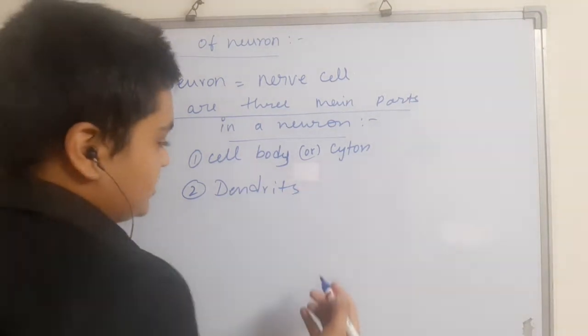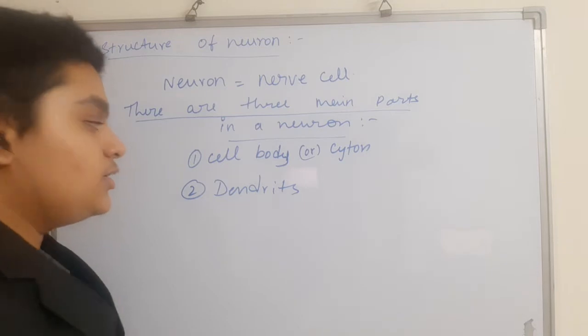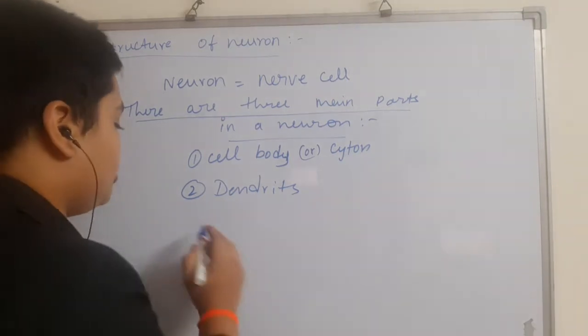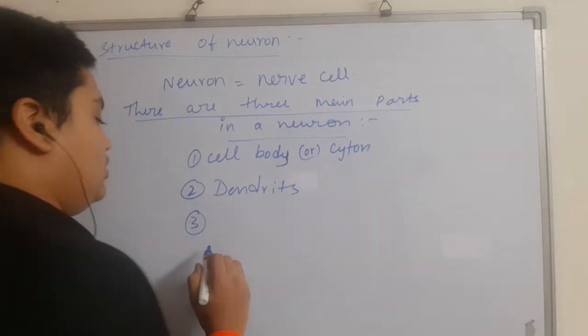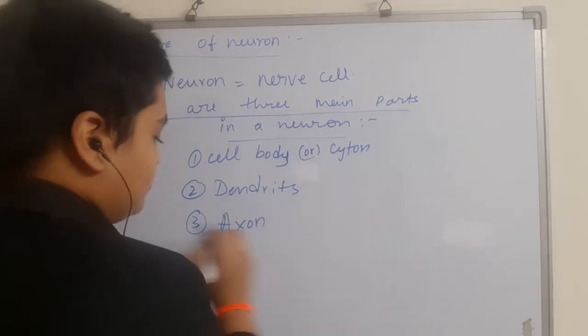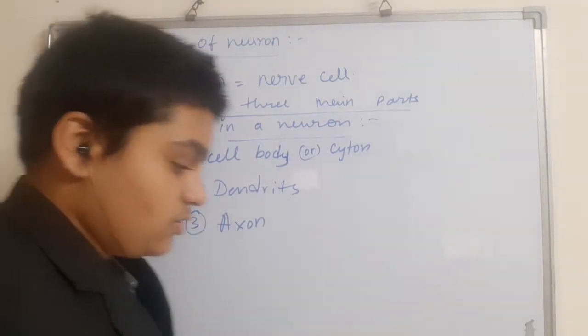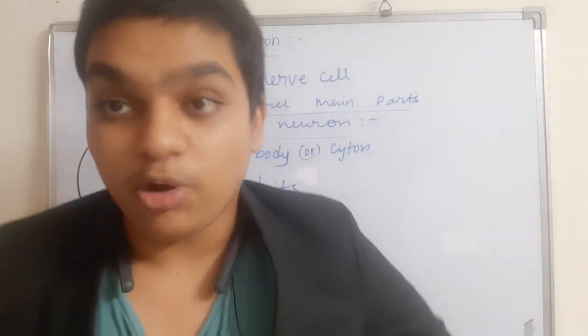They are the branched structures, protrusions which are coming out of the cell body. Next one you have the axon. This is a long tube-like structure which is present at the base of the nerve cell or neuron.